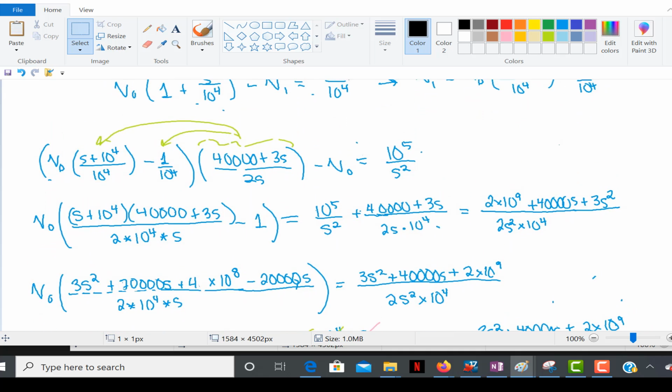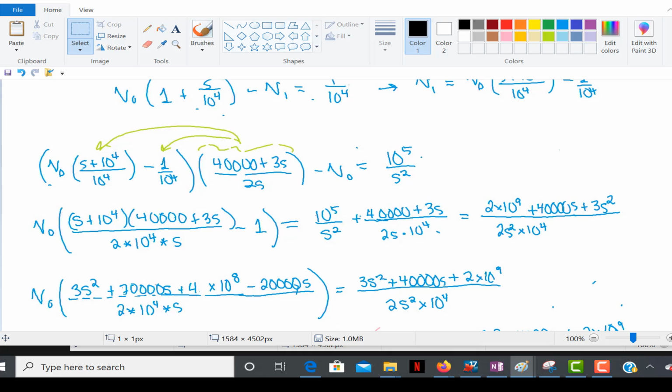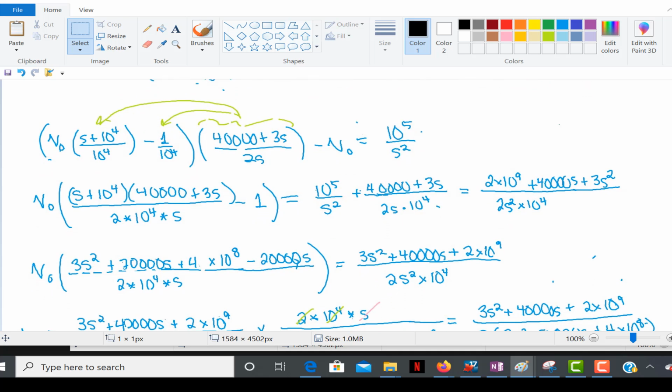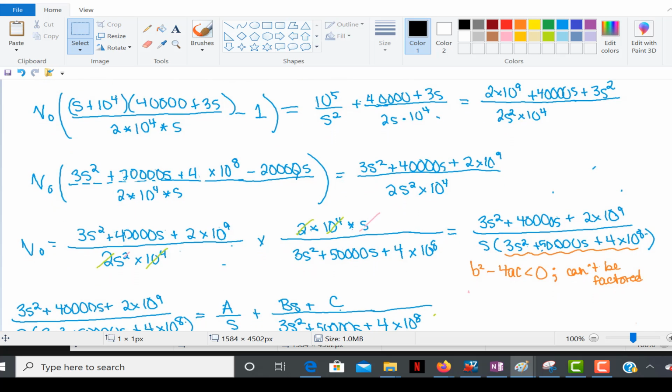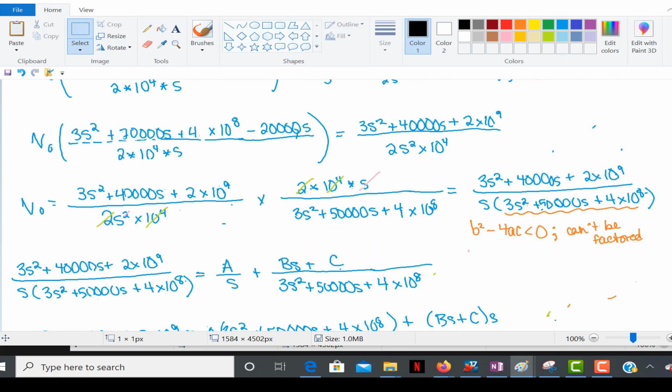So I'll go here. You can pause if you need to get a closer look at those three lines. And then I want to isolate V naught, so I multiply both sides by the reciprocal of what V naught was being multiplied by.